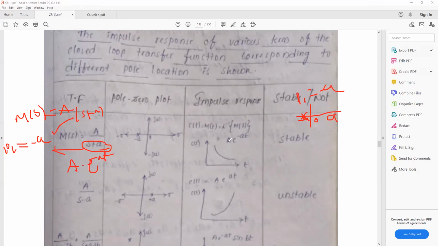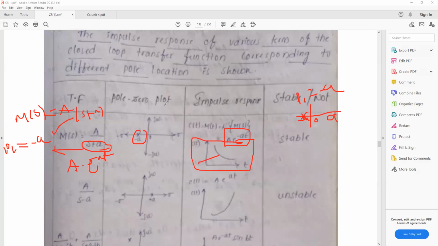So this is the impulse response, graphically. a into e power minus at is the response. Our pole lies on the left hand side of the s plane, minus a. So the condition is for a stable system.